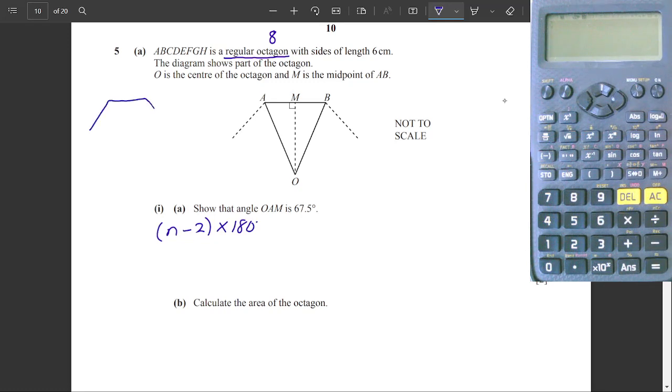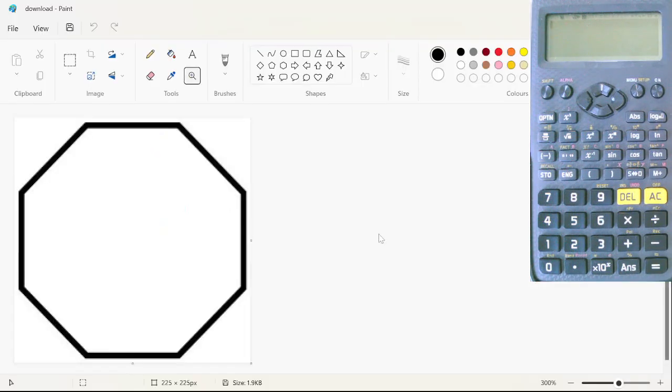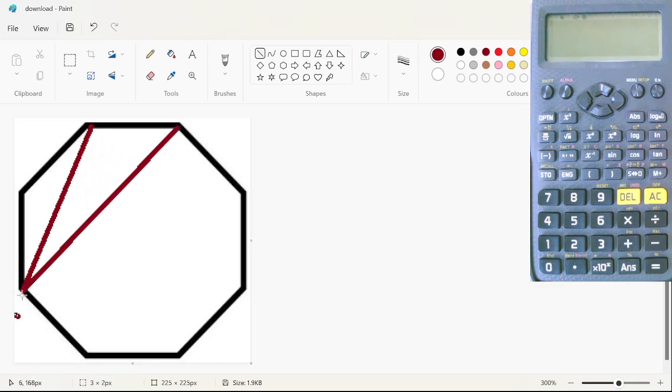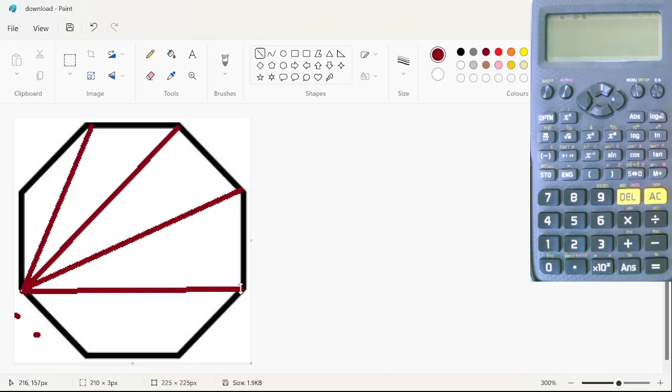if we take a regular octagon like this one, inside fits exactly, let's see, 1, 2, 3, 4, oh, one more of course, 5, 6 triangles.